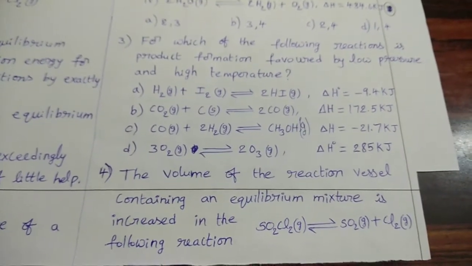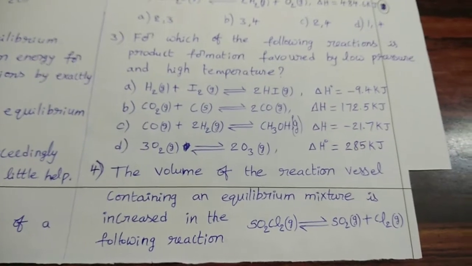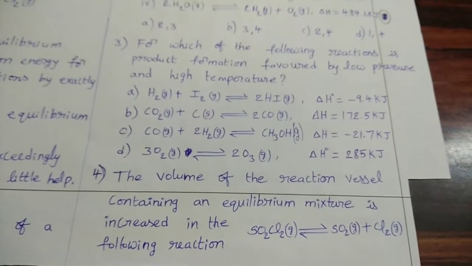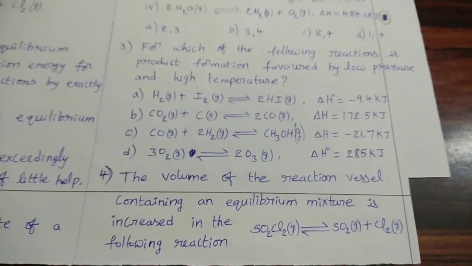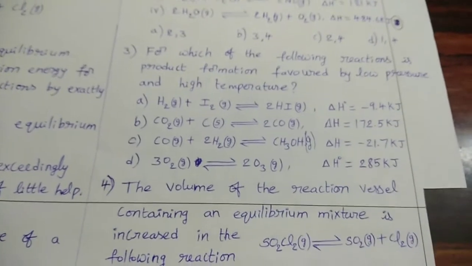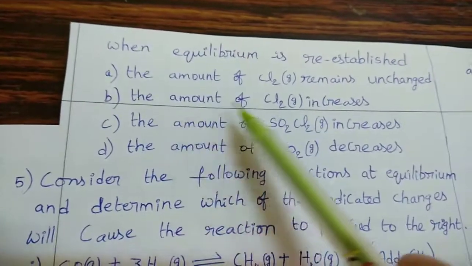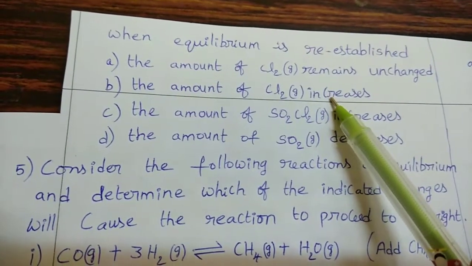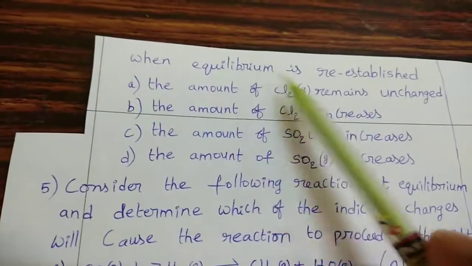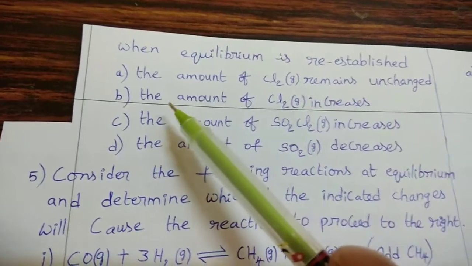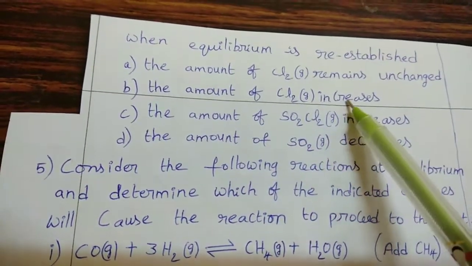Pressure decreases means equilibrium shifts towards more number of moles. Here more moles are on the product side. That means more SO2 and more Cl2 are formed. See the options. The amount of Cl2 increases. This is the correct option. When equilibrium is re-established, the amount of Cl2 increases.